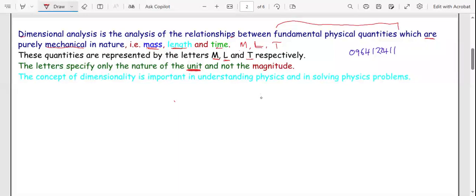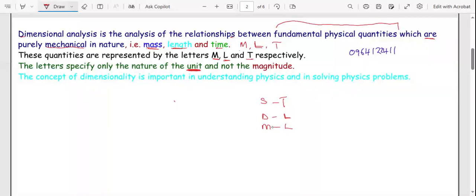For example, I tell you to say seconds. Second is time, right? The dimension will be T. I tell you to say distance. Distance is some kind of length, so you put L there. The meter is about distance or length. It measures the length.